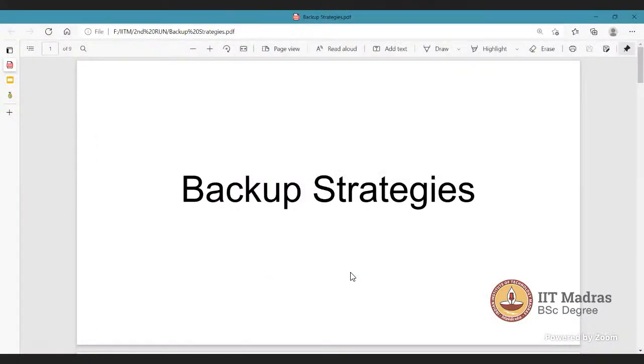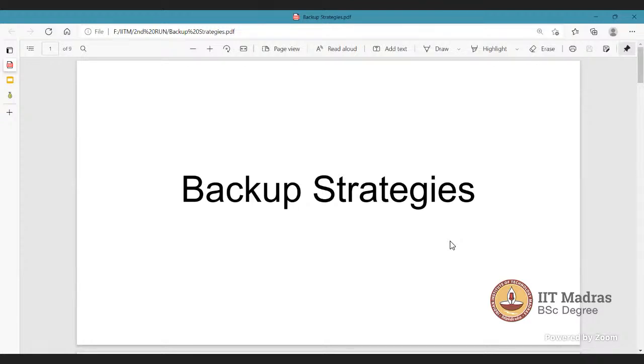So let us begin with backup strategies. Now what is backup basically, and why do we need it? Say, for example, when our database fails, which may be due to various reasons, such as hardware or software failure, physical damage like fire, or malware attacks.